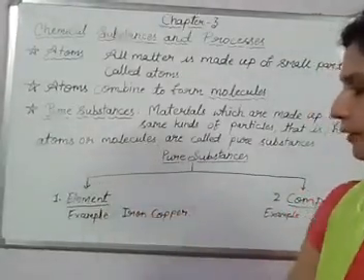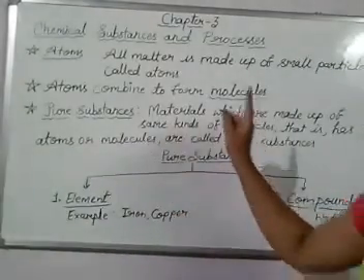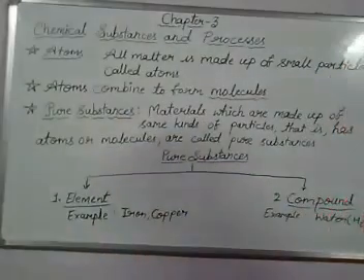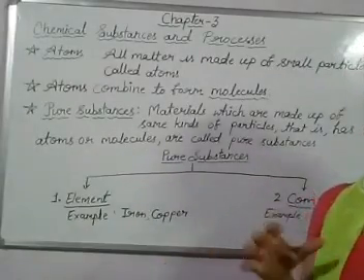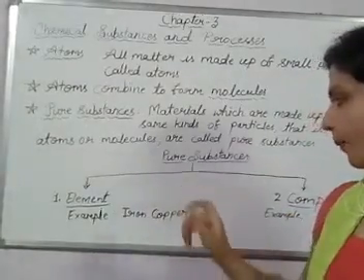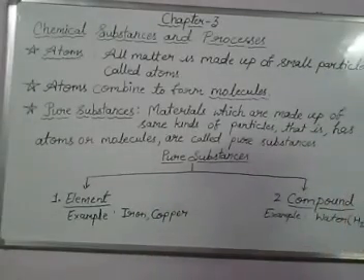What is an element? An element is a pure substance that is made up of same kinds of atoms. For example, iron. Here you can see that iron is made up of same kinds of atoms, that is iron atoms, and copper is made up of copper atoms. Second is compound.